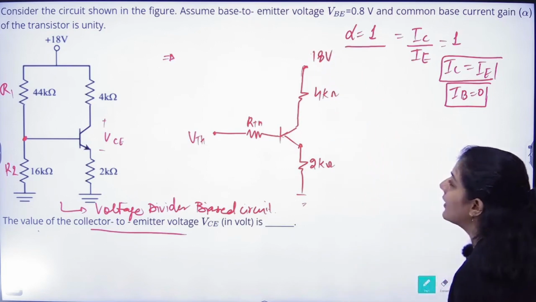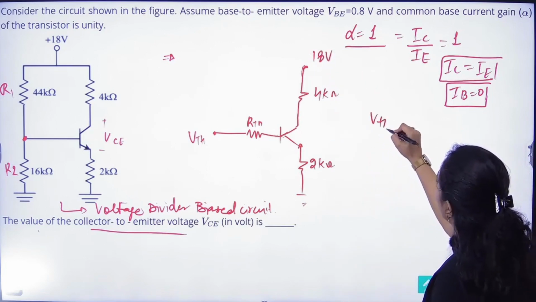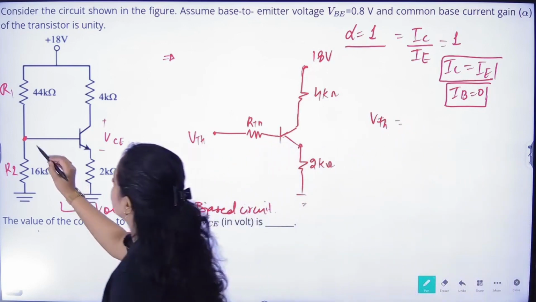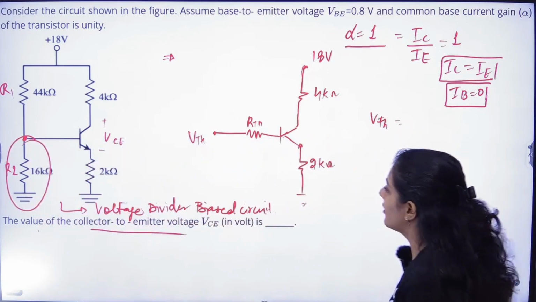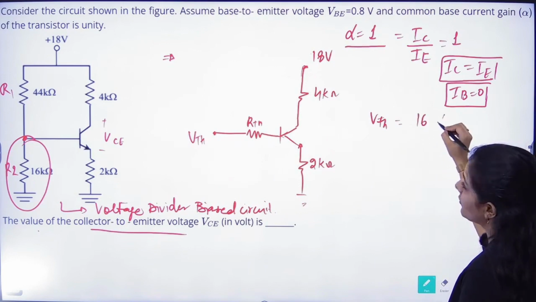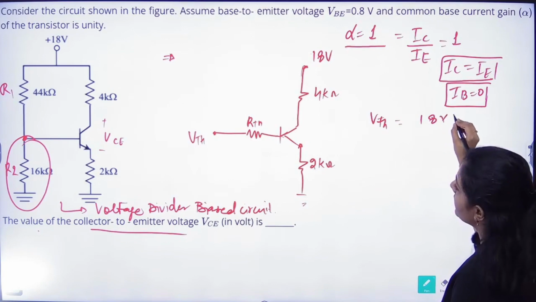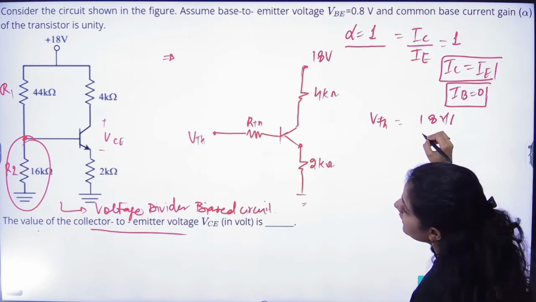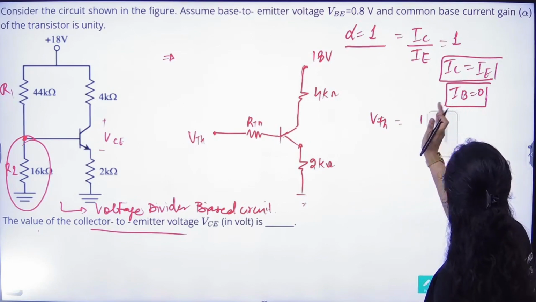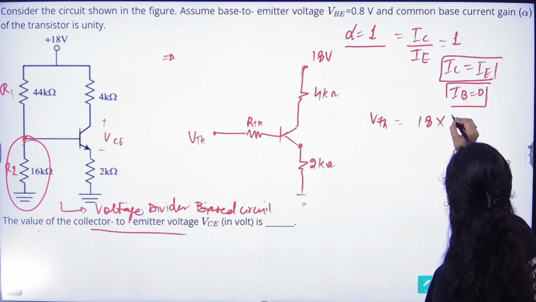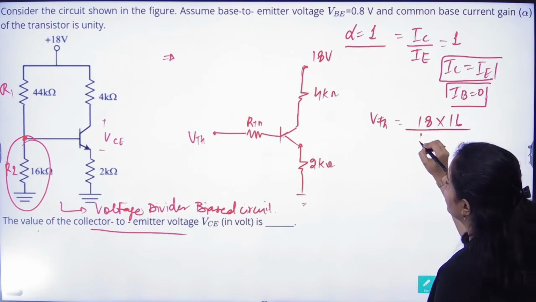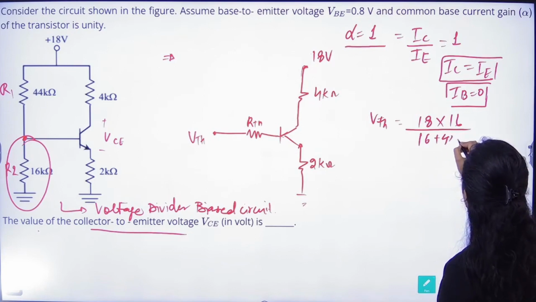Now how can we find out the VTH? VTH will come across this particular resistance. Just by voltage divider rule we can find out the value of VTH. VTH will be equal to 18 into 16 divided by 16 plus 44.